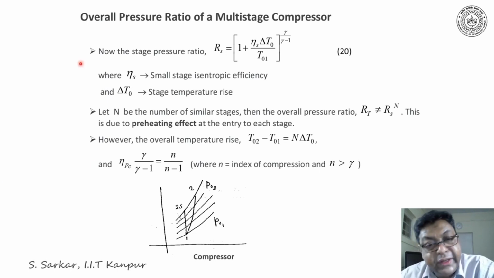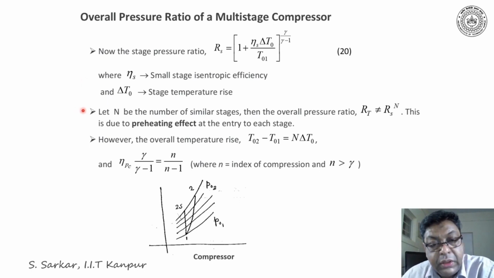I have already derived the expression for stage pressure ratio Rs equal to, within the bracket, 1 plus eta S into delta 0 divided by T01, to the power gamma by gamma minus 1, where eta S is the small stage isentropic efficiency, and delta 0 is the stage temperature rise.